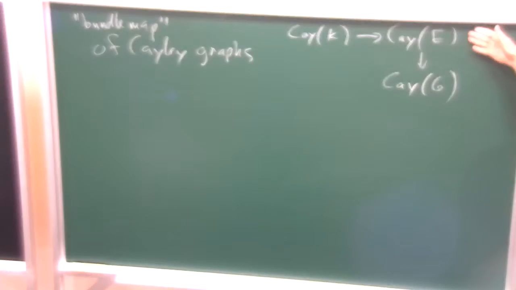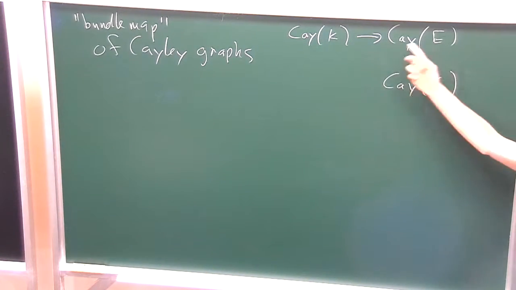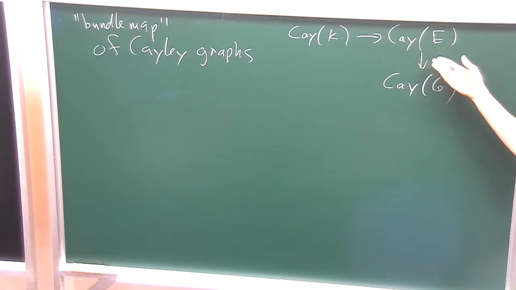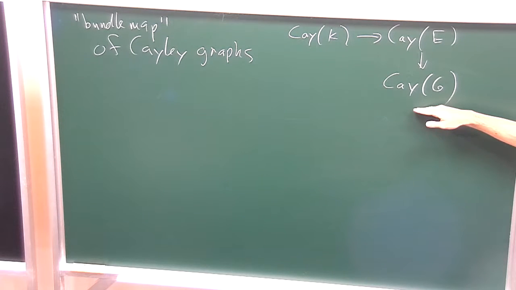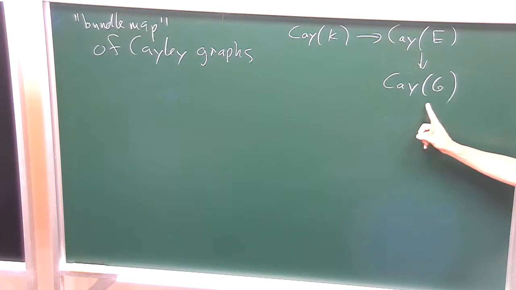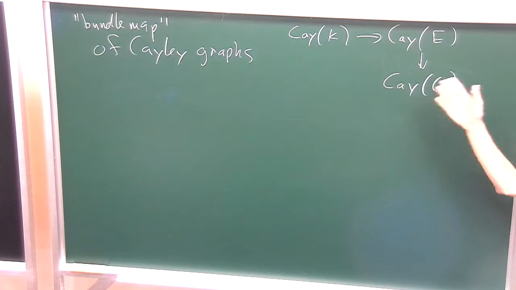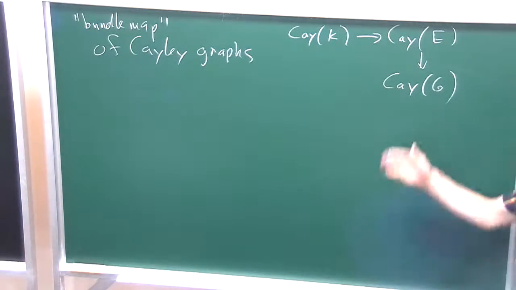So in E, every generator of E either projects onto a generator of G, or I think of it as a generator of K. So I think of the edges in the Cayley graph of E as either being horizontal, if they're a generator for G, or vertical if they're a generator for K. So then the horizontal edges just project down to edges of G. And the fiber over any point is a copy of the Cayley graph for K. So it's a bundle where the fibers are Cayley graphs of K, and I project down here.